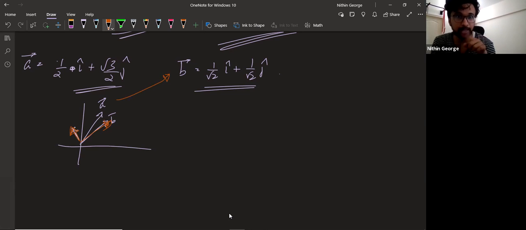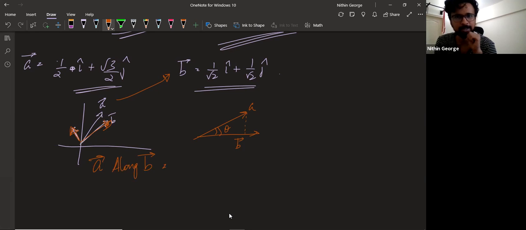There is A vector, there is B vector, and there is an angle in between, which I'll call theta. We can find the angle later, but for the sake of explanation: A along B vector, how do I write that?